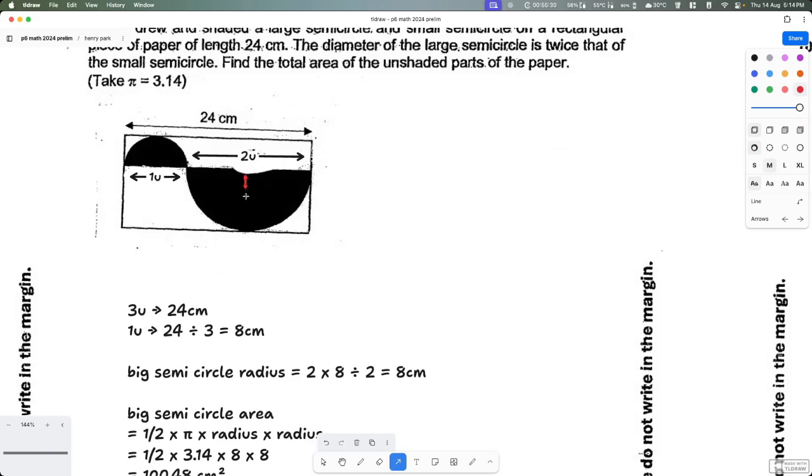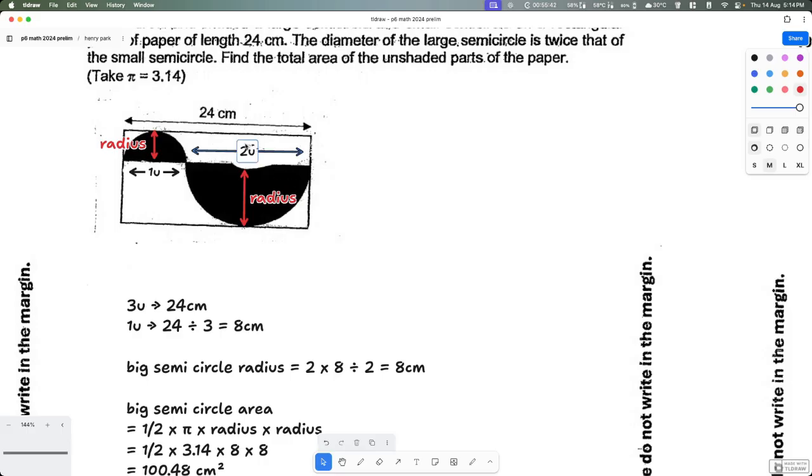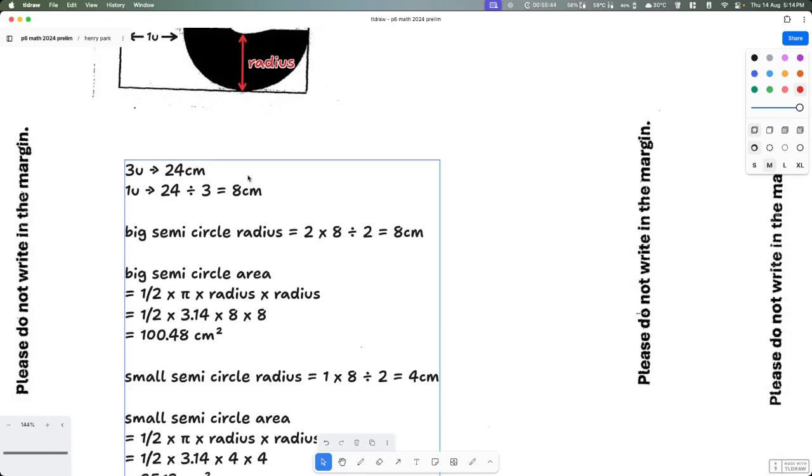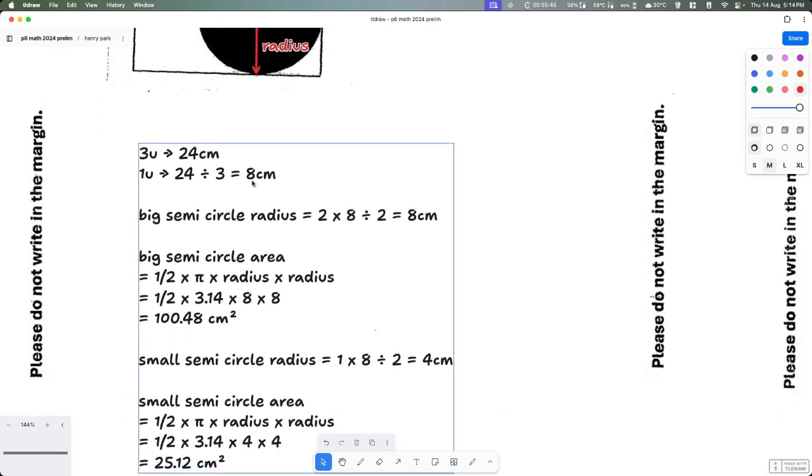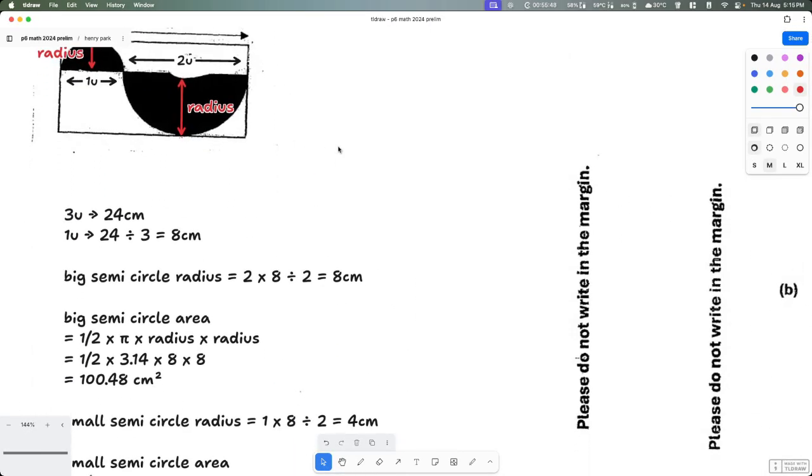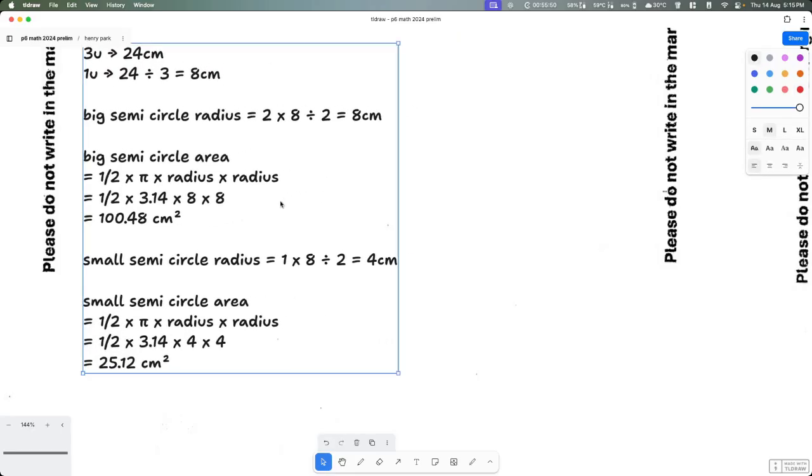So over here, since this is also the radius, then this is also the radius. Okay, so I'm gonna write down radius, radius, and radius as well, like this. So that means for this, this will be the breadth.